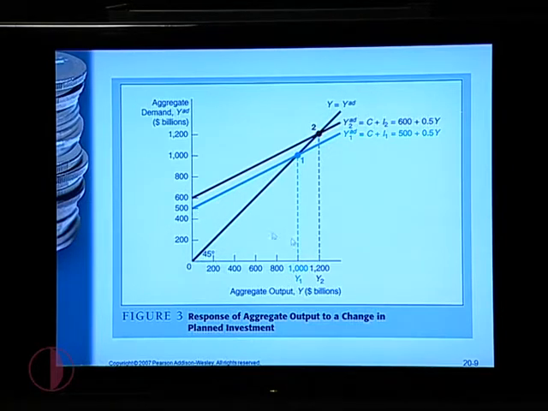When it was 500, the level of output was at Y1, but when it becomes 600, the level of output will increase from Y1 to Y2 at 2.2, and this is our aggregate demand function at the 45-degree line. This is the initial function, and this is the new one.